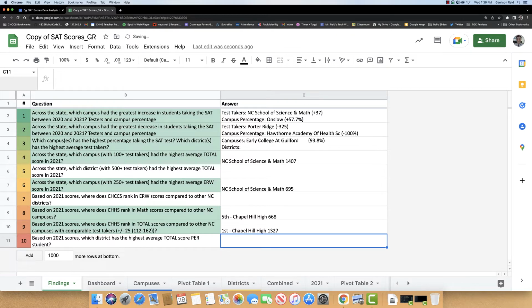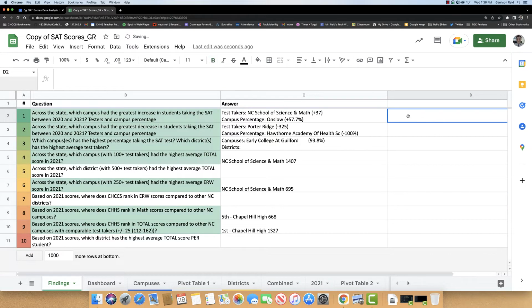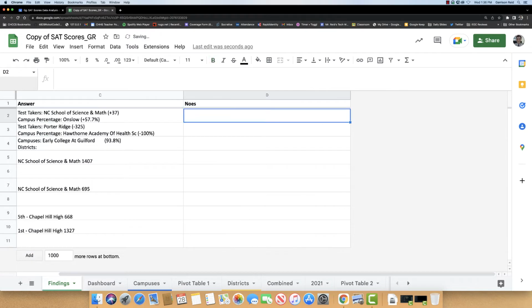So those are the questions we started with today. And again, I wrote these notes on the board so you can go through them. What did we do? We started with making some columns, which had our campus and our years of the total test takers. We also had our 2 years of our percent of campus that tested.